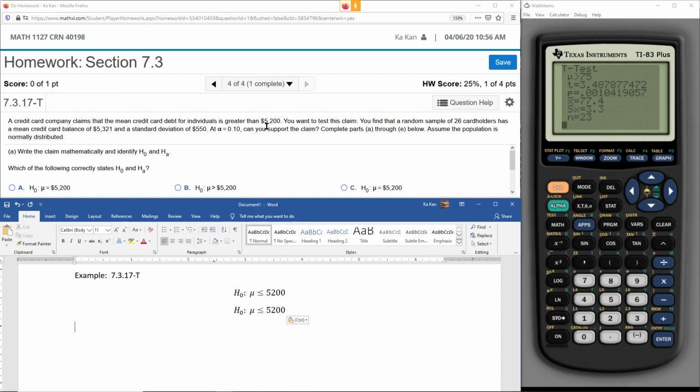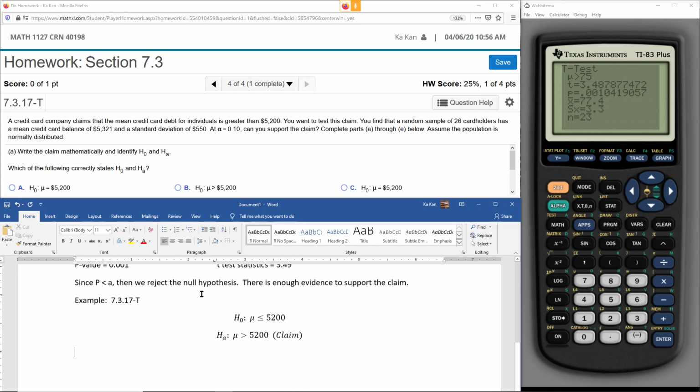And this is bigger, and this is the alternative hypothesis. And again, this is the claim.